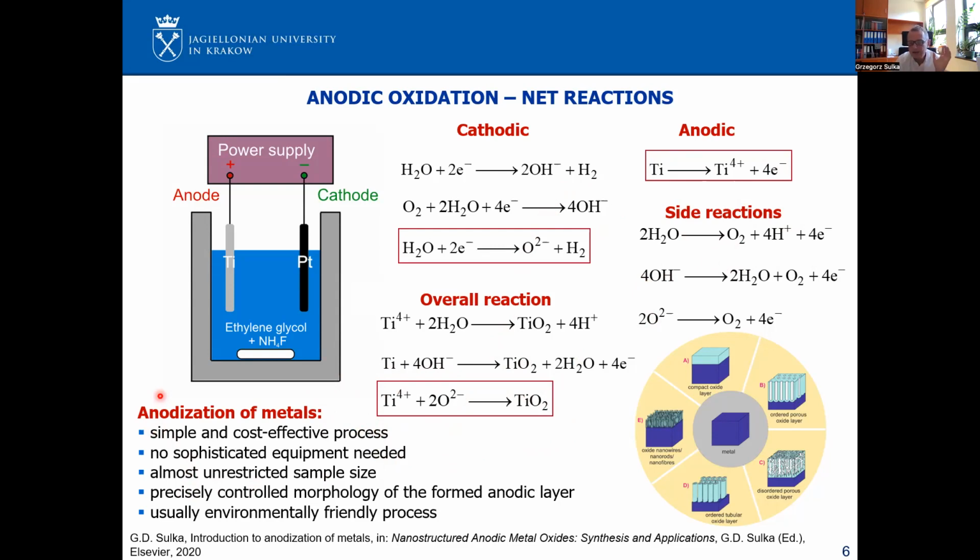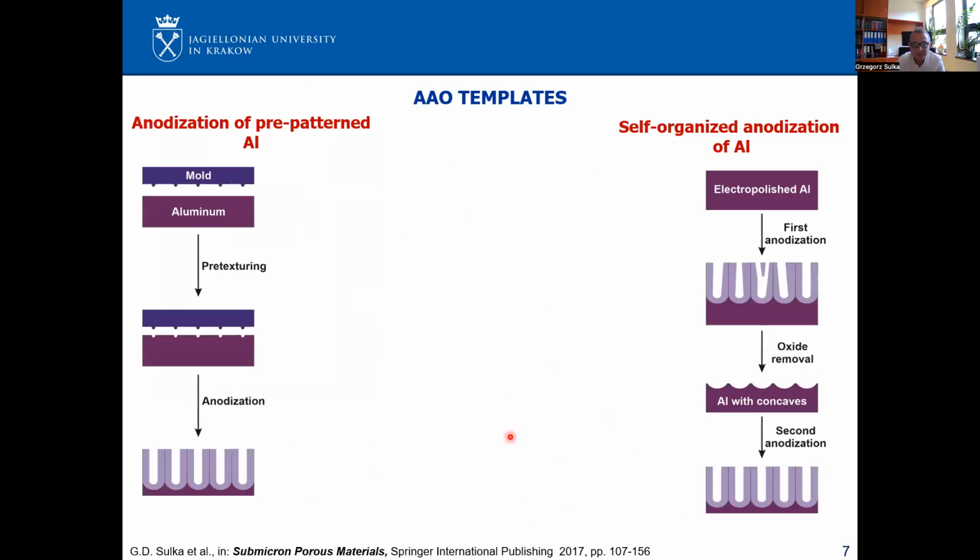We can anodize large samples, and we can also control the morphology of the anodic layer. The morphology could be different. A compact layer can be formed, or a porous layer, like in this case, a disordered porous layer can also be formed, and also nanotubes, nanofibers, nanorods, nanowires can be formed by anodic oxidation of metals.